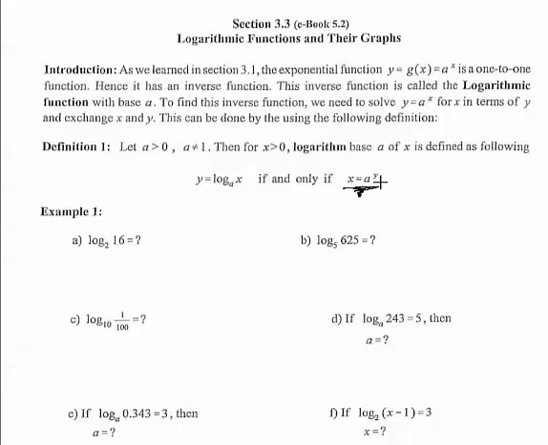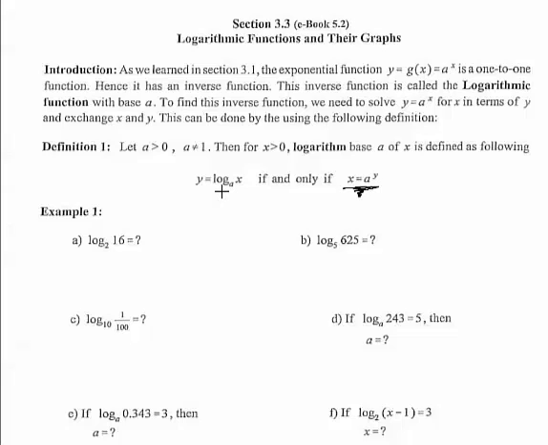So you would write the log function with a subscript indicating the base of the log function, and it would be the same base. If a is the base of the exponent, then a is going to be the base of your log.